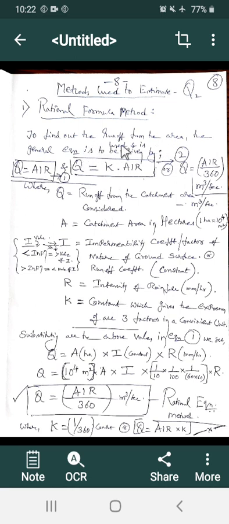We want to estimate the measure by the rational formula method. What you are going to measure is the Q value. Q is equal to AIR. This is also one formula, and Q is equal to K into AIR, or Q is equal to AIR divided by 360.